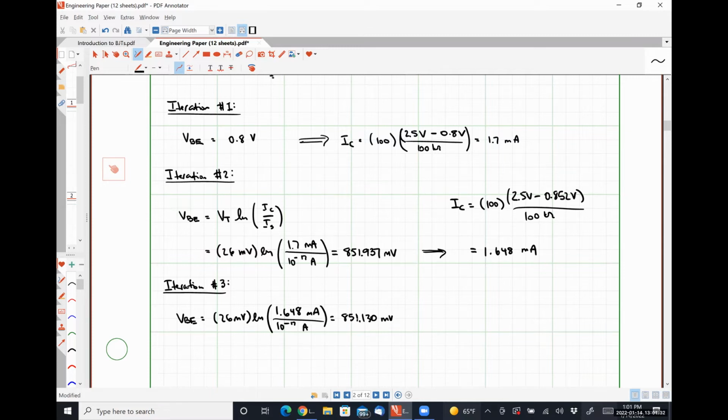So we're changing by, let's see, somewhere in the ballpark of 800 microvolts here.